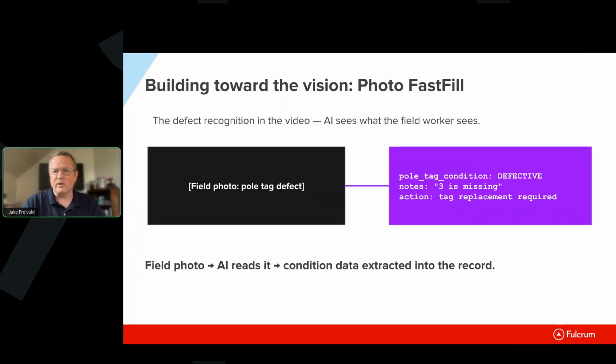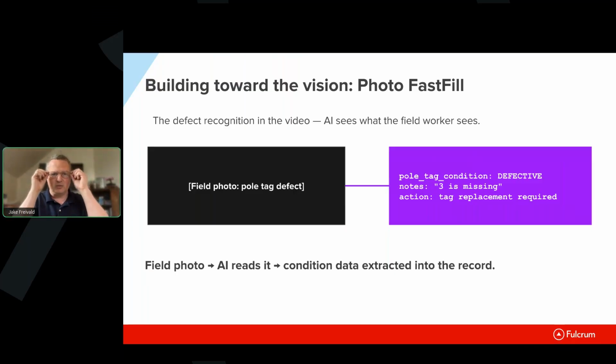There's something called photo fast fill, which is not yet in production, but we have a limited alpha version of it that people are using in the field right now. It's the same kind of thing, except for capturing information visually.